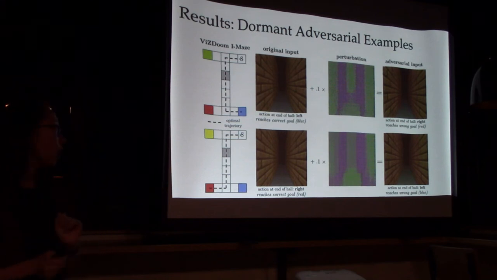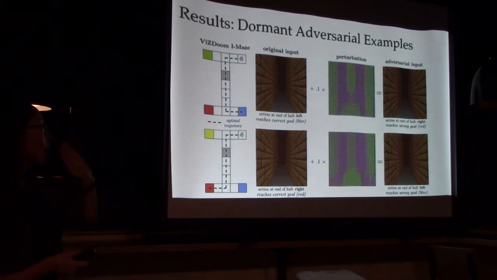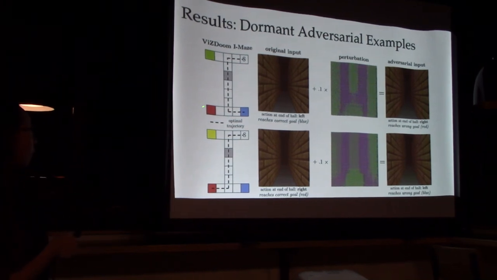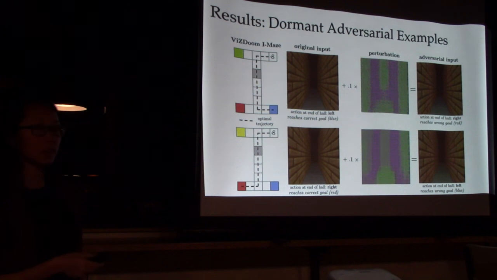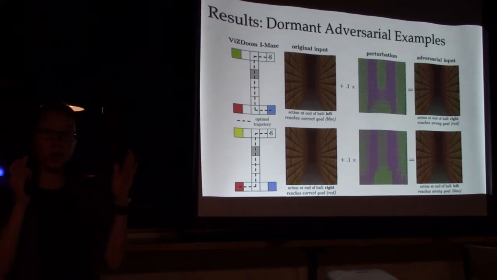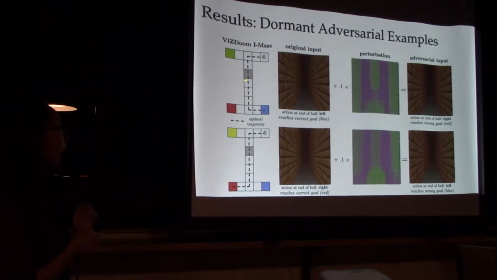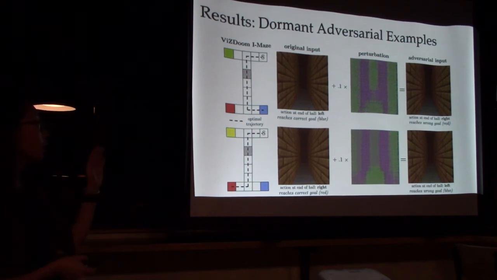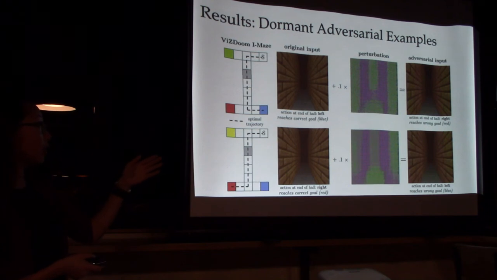So the policy remembers that the indicator is, say, green, and then realizes that it needs to go to the blue square. And what we found is that while the policy is going down the hallway, so here, this is a top-down view, what the policy actually sees is the actual view within the maze. And at this point, when the policy is just starting to head down the hallway, you can introduce this adversarial perturbation that's pretty small.